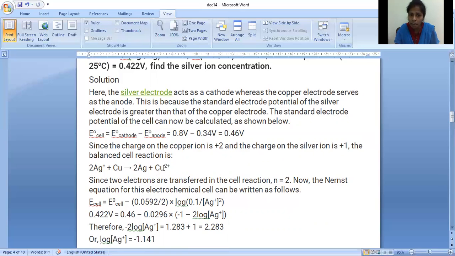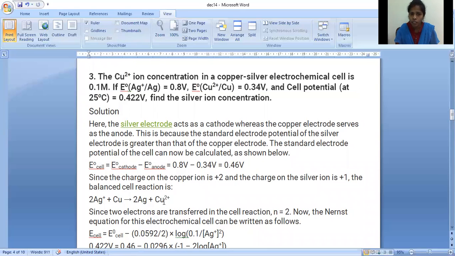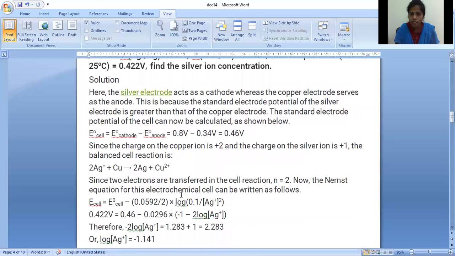You can see the maximum charge here is 2, into log Q. So Q is nothing but the product's concentration divided by the reactant's concentration. What is the product here? Cu2+ is the product and Ag+ is the reactant. They have given the concentration of Cu2+ as 0.1.